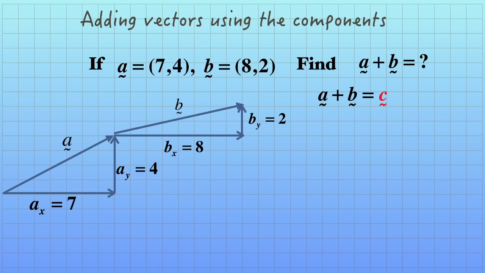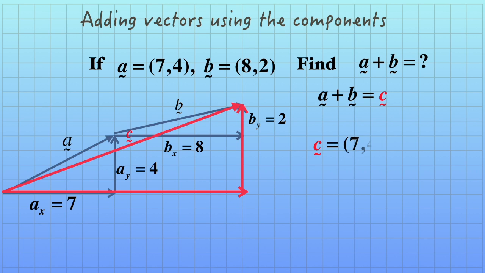Now, the vector A plus vector B will be my resultant vector, which I will call C, and that's going to complete the triangle from vector A plus vector B. I want it to go from the tail of vector A all the way to the head of vector B. That is my resultant vector C. Now remember, the resultant vector C will have a horizontal component, CX, and a vertical component, CY.